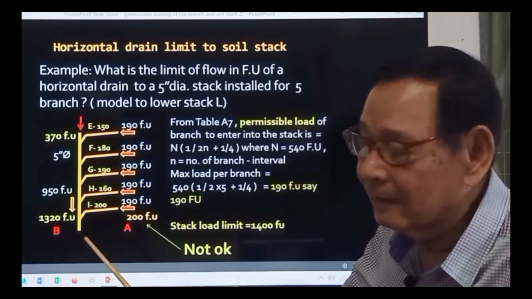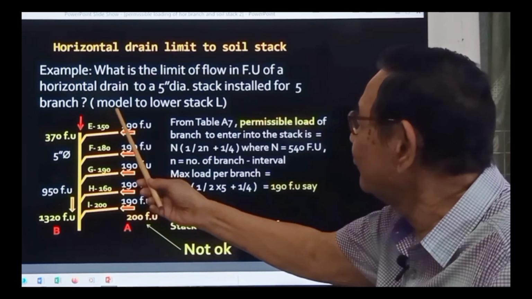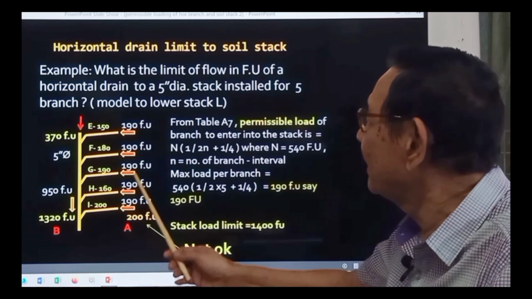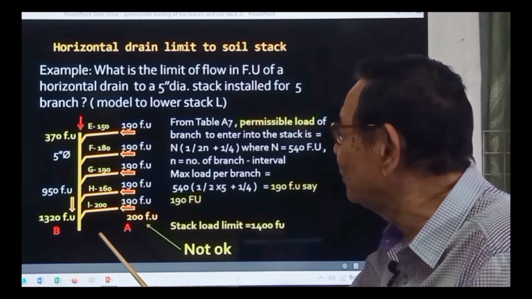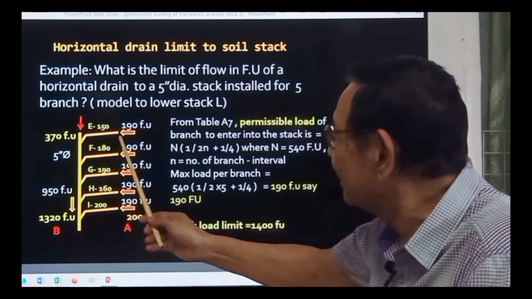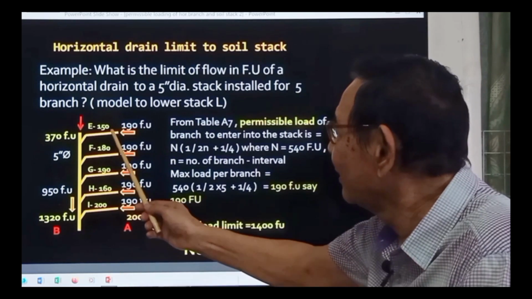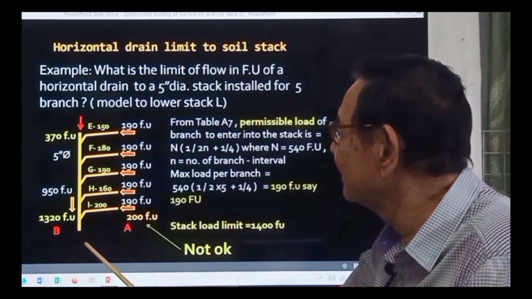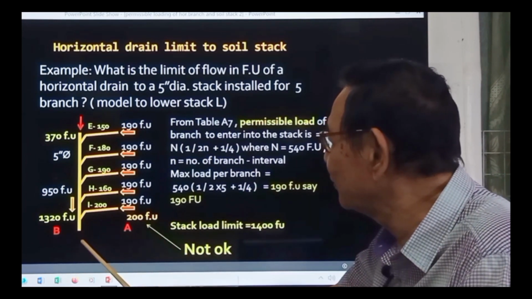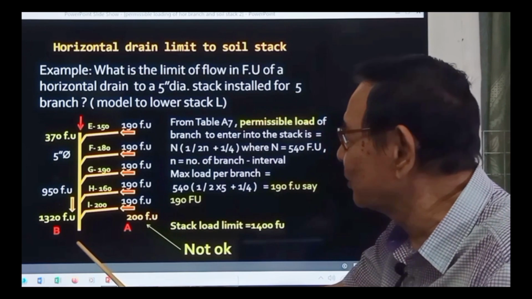Okay. So, ang 5 inches, ito na yung maging model natin. Ang pangalawang model natin, yung baba. Ang baba na loading natin ay ang level E, F, G, H, I. 150 fixture units, 180 fixture units, 190 fixture units, 200 fixture units.